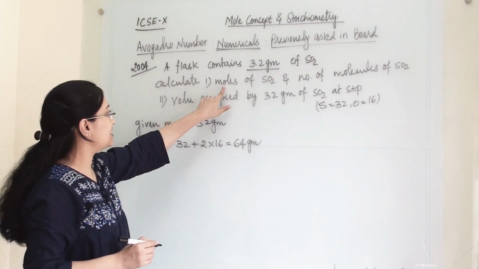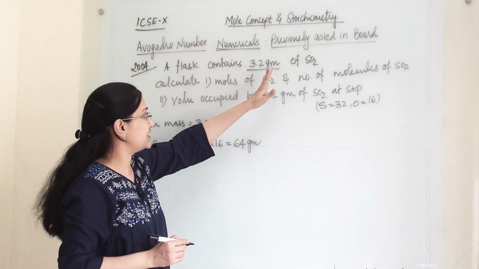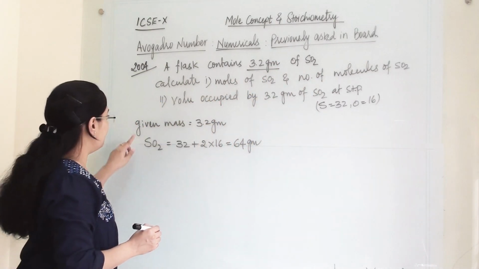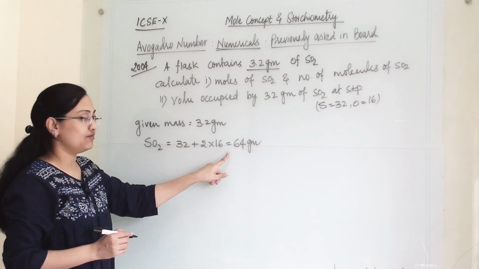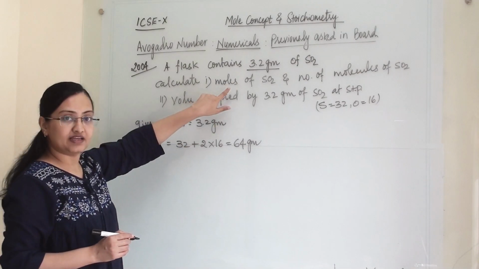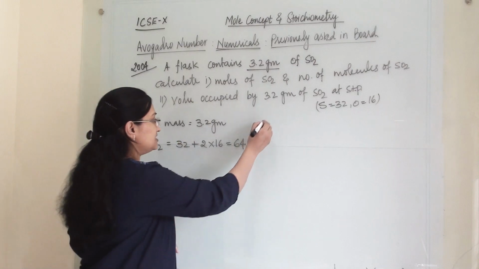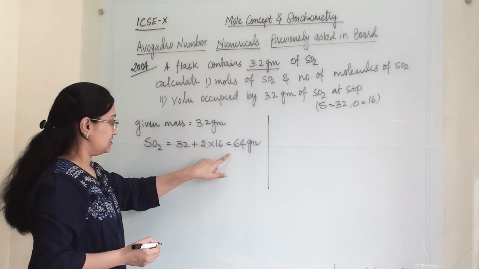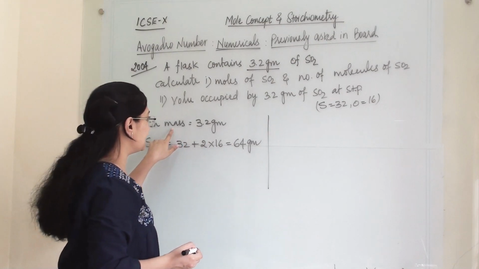Now we have to find out the moles of sulfur dioxide and then the number of molecules. So first we will find out moles. We have the mass, we have the molecular weight. So how will we calculate the moles? What is the relation between molecular weight and given mass?